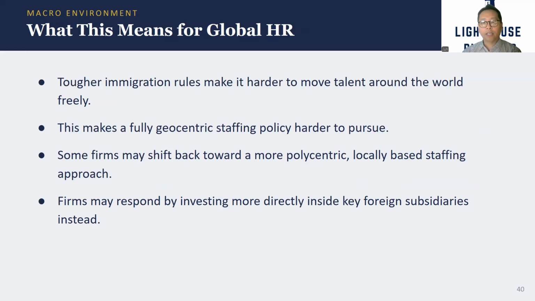This directly makes it more difficult to pursue what earlier lectures called a fully geocentric staffing policy, meaning hiring the best person for each job regardless of nationality and moving them whenever they're needed. Some of the real gains from matching top talent to the best possible role may simply be lost.